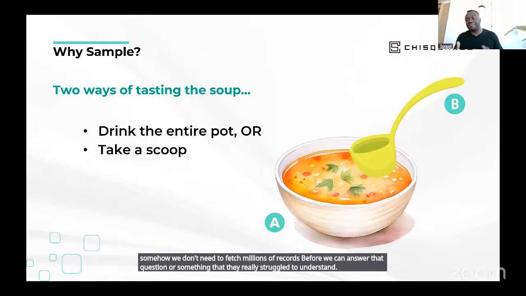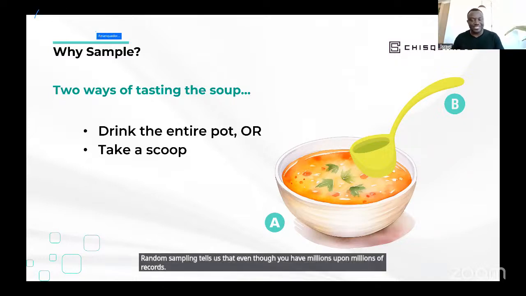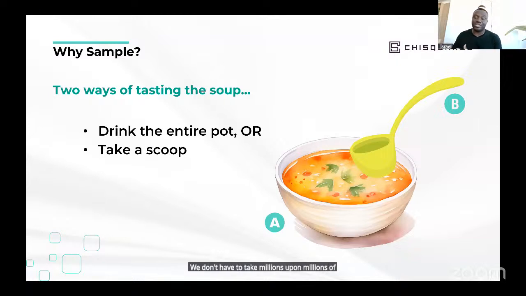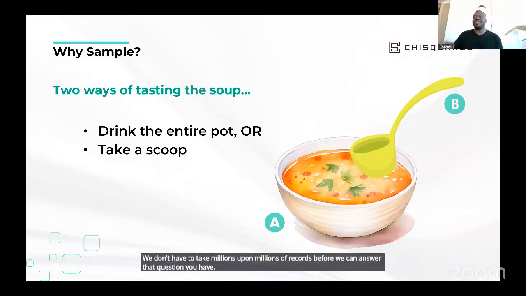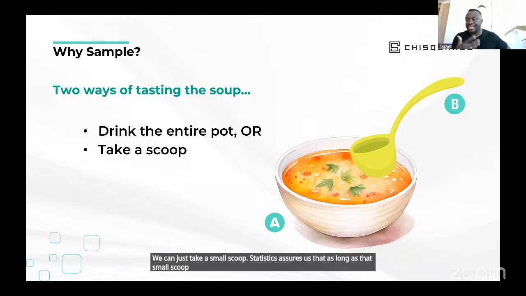But that's the power of statistics. That's the power of random sampling. Random sampling tells us that even though you have millions upon millions of records, we don't have to take millions upon millions of records before we can answer that question. We can just take a small scoop. And statistics assures us that as long as that small scoop is random, then it's good.